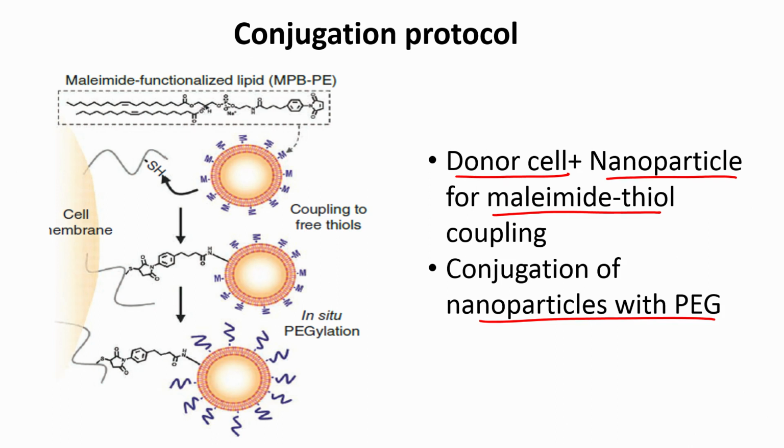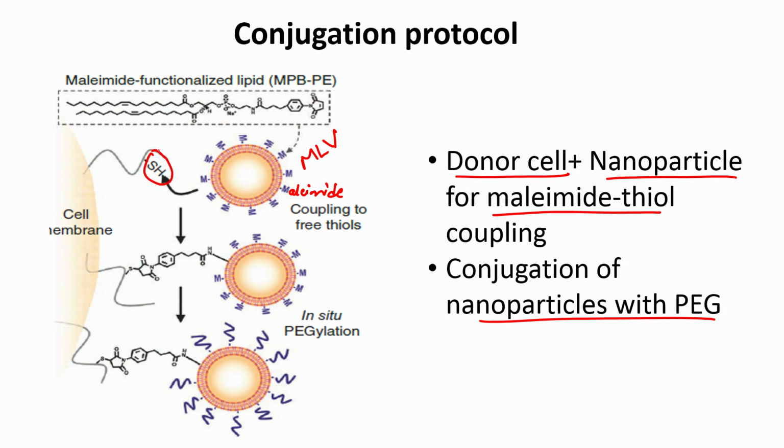You have these multilamellar vesicles that have maleimide groups displayed on their surface, right. Once they have these maleimide groups and incubate them with cells, the maleimide groups will bind to the surface thiols on the cell.